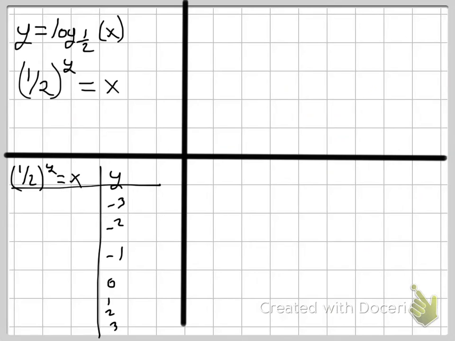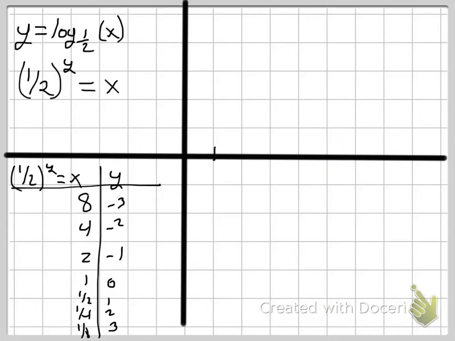And you know, you can always do negative 3 to 3, and then if you have to adjust your table, you might have to just pick more values for the y. Okay. So get 1/8, 1/4, 1/2.